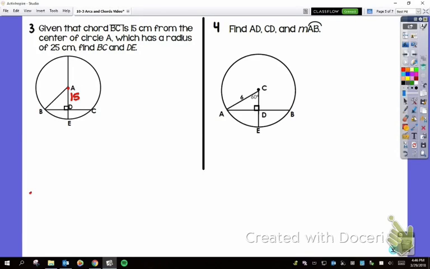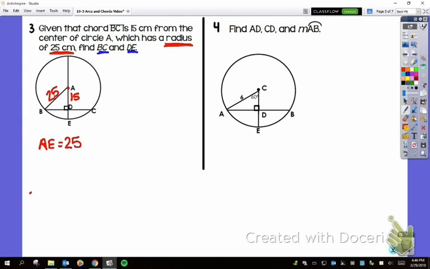Okay, then it's from the center of circle A, which has a radius of 25 centimeters. Okay, now when we have a radius, our radius goes from the center to the edge of the circle. So AB could be a radius, but we also have AE that is also a radius, so we know AE also equals 25. Now they want us to find BC and DE.